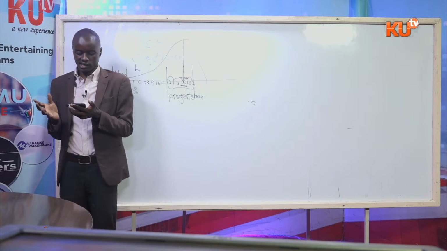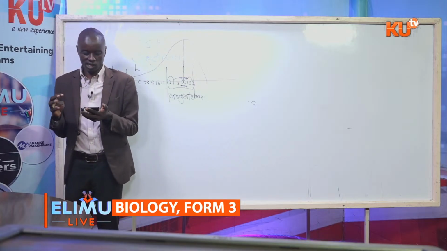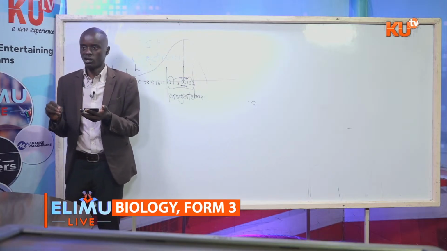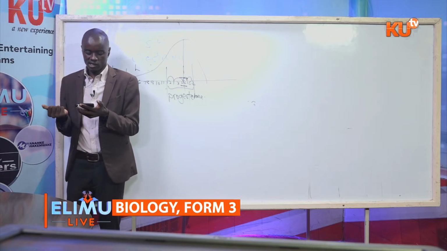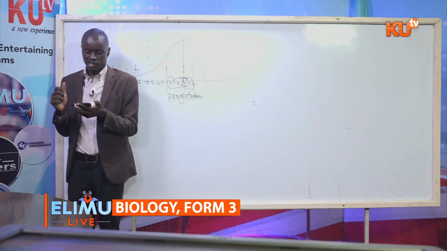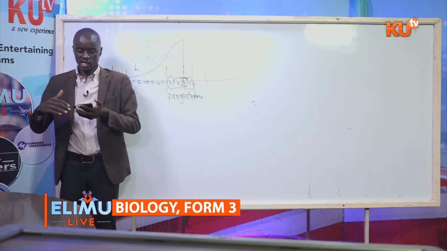the increase in progesterone inhibits the pituitary gland from releasing what is called luteinizing hormone. And the next point, it causes the corpus luteum to degenerate.